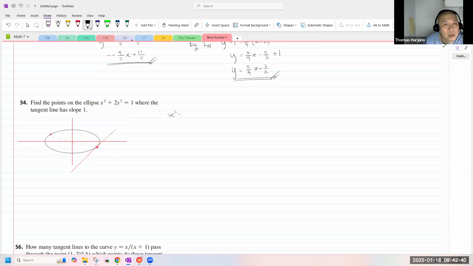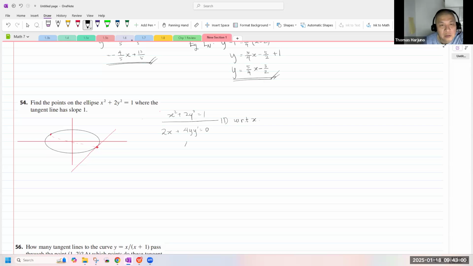x squared plus 2y squared equals 1. We do implicit differentiation with respect to x. I get 2x plus 4y y prime equals 0. Oh, now I see why.